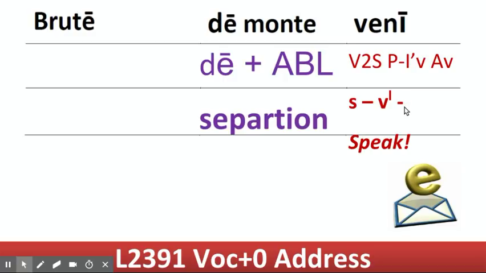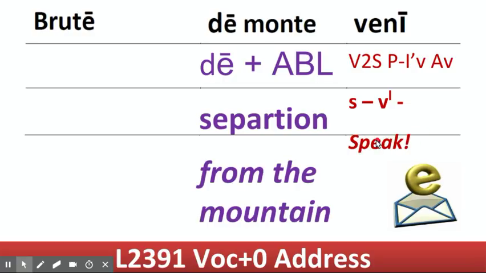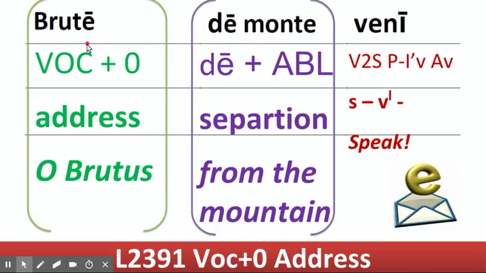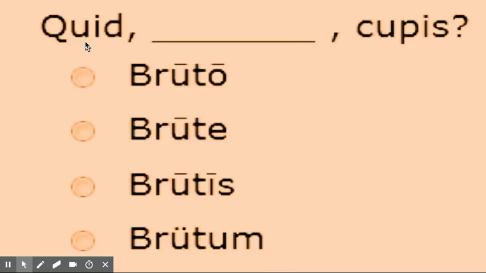Down, or not speak, it's come down, come. This is where the separation phrase, come from the mountain, de plus ablative, and Brute, from that ending, it's a vocative address phrase, O Brutus. So it takes a noun and it converts it over to second person. Vocative takes a noun, which is always third person, and changes it to second person.